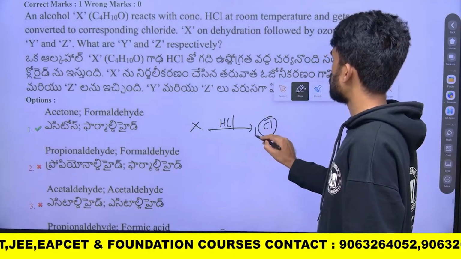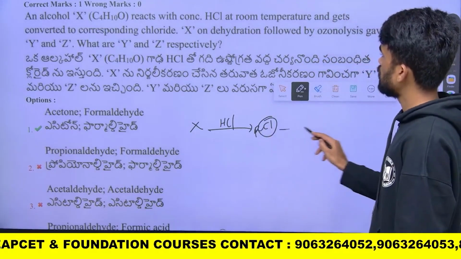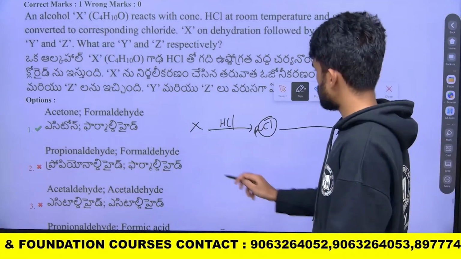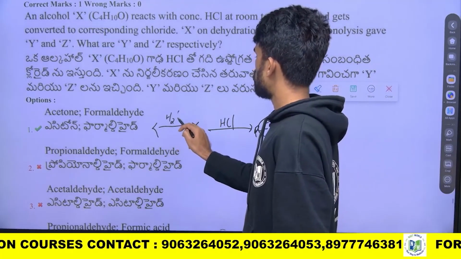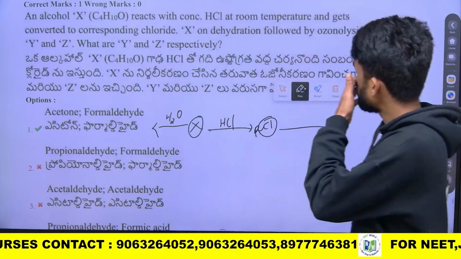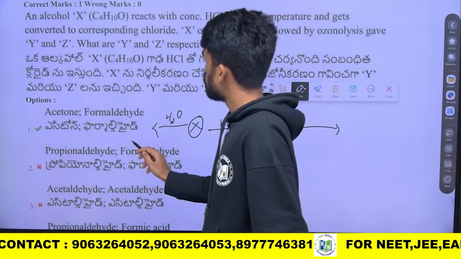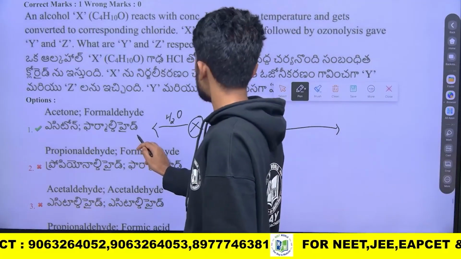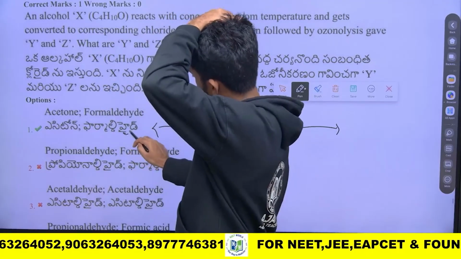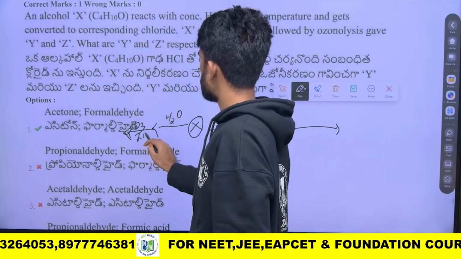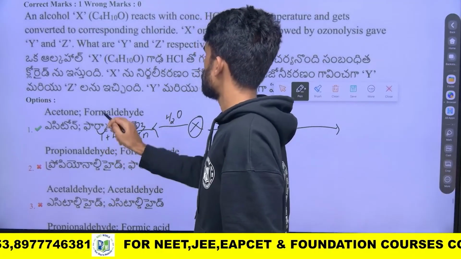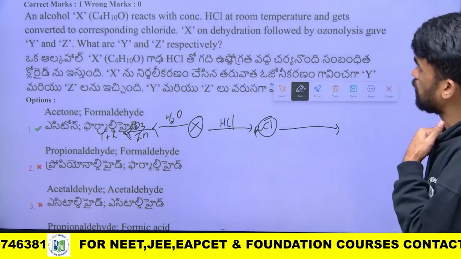Again this X upon dehydration, meaning removal of water, this is alcohol, followed by ozonolysis gives Y and Z. So ozonolysis gives Y plus Z, I am writing. Okay, let us look into it.